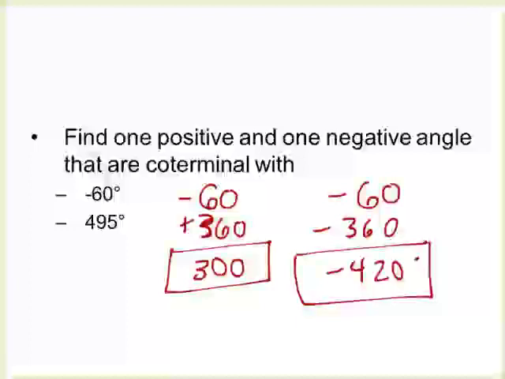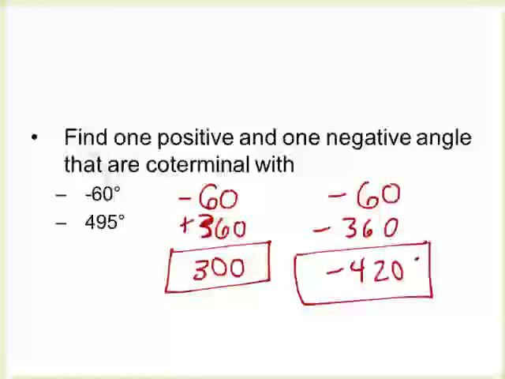You do not need to graph the angles to find the coterminal angles. To find a coterminal angle, you only need to add and subtract the circle, which is 360 degrees. For the second one, the second one is more than one full circle.